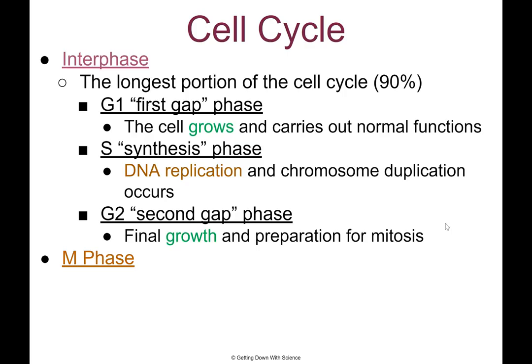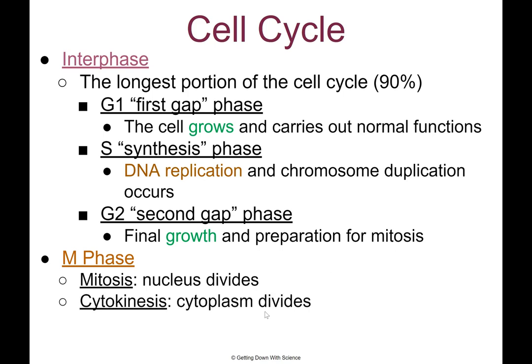And the last is the M phase here. Mitosis, that's where the nucleus divides. A lot of people get confused. They're like, oh, mitosis, cell division. But in reality, mitosis is nuclear division. So we're going to take the DNA and the nucleus, split it up and prep it for two separate cells. And then cytokinesis is actually the cytoplasm or cell division itself.